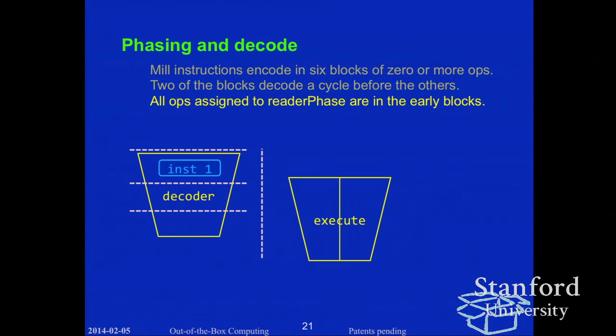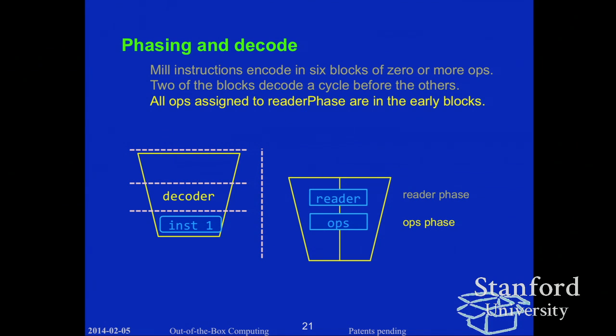So if that's our instruction coming in, 1 cycle later, the reader ops can be sent directly over to the execute. That constitutes the reader phase as far as the execution is concerned. Meanwhile, the partly decoded instruction is sent to the second stage in the decoder and gets decoded there. And the ops resulting from that decode get sent over to the execute engine.